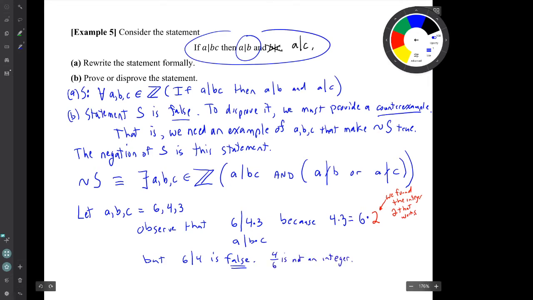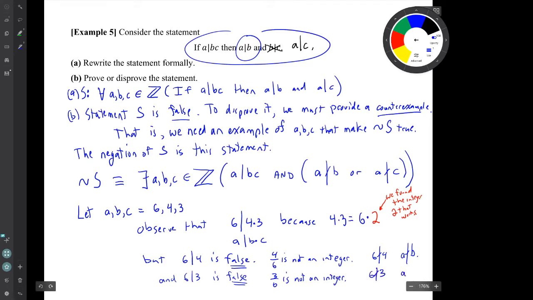So since 6 divides 4 is false, we can write this simple. That is, A does not divide B. Also notice that 6 divides 3 is false, because 3 divided by 6 is not an integer. So we'd say that 6 does not divide 3.